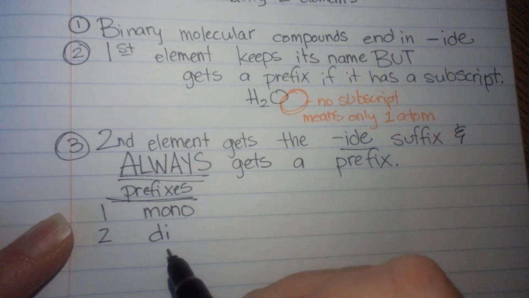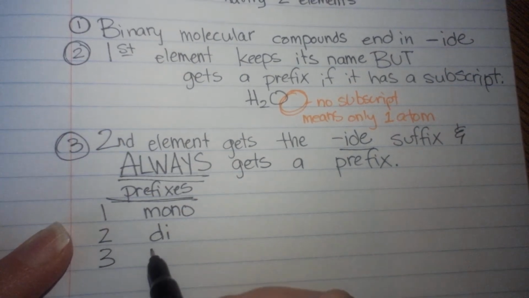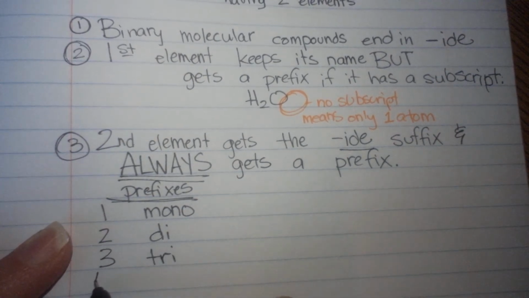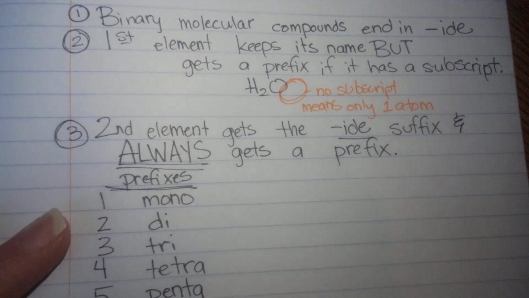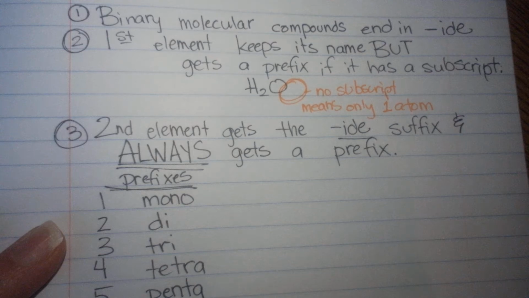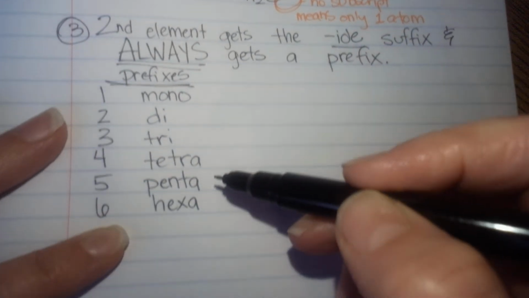Anyways. 3 is tri. 4 is tetra. 5, what is 5, do you think? Penta. 6 is hexa.